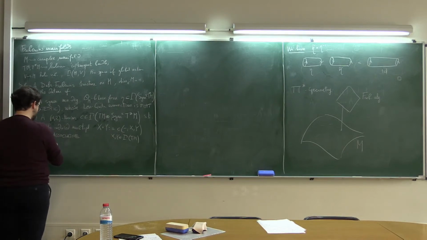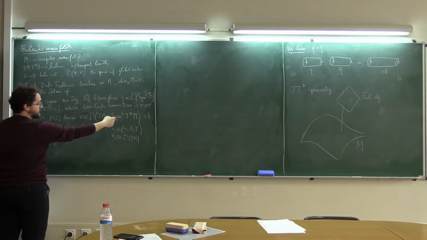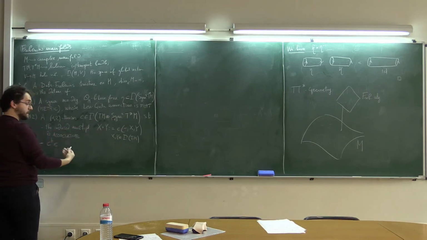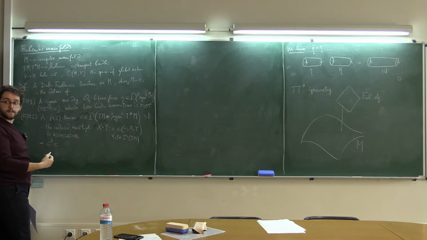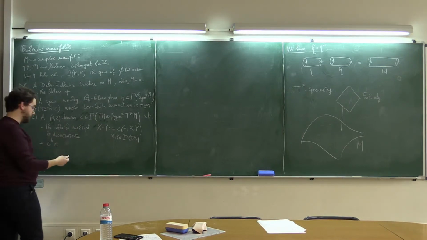And a priori, it is just a section of T star tensor symmetric square of T star. But I require that it actually is in the symmetric cube of T star. So I require complete symmetry.